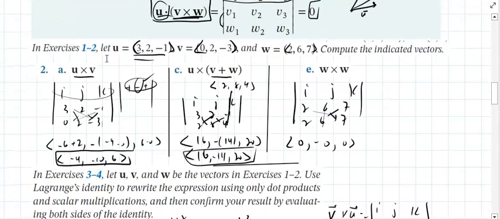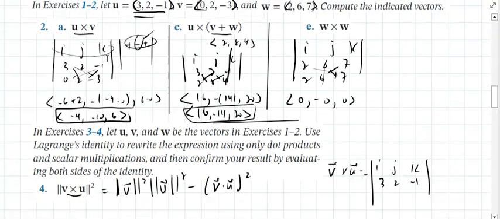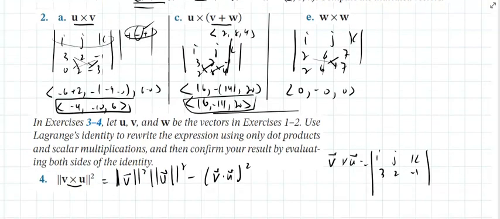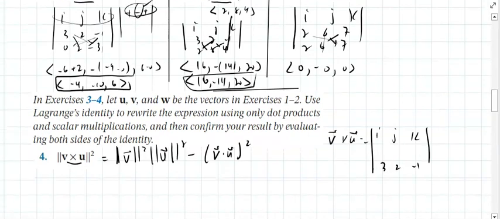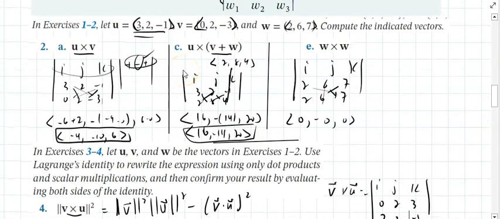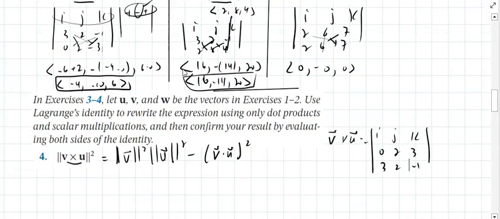U was, oh, I put them backwards, didn't I? List v first, then u, 0, 2, 3. Now, does it matter which one comes first? Yes, it does. If you switch those, you get a negative. So they want v first, 0, 2, -3, 3, 2, -1.